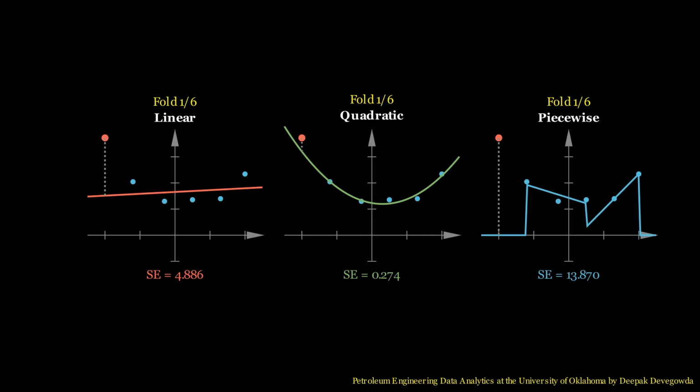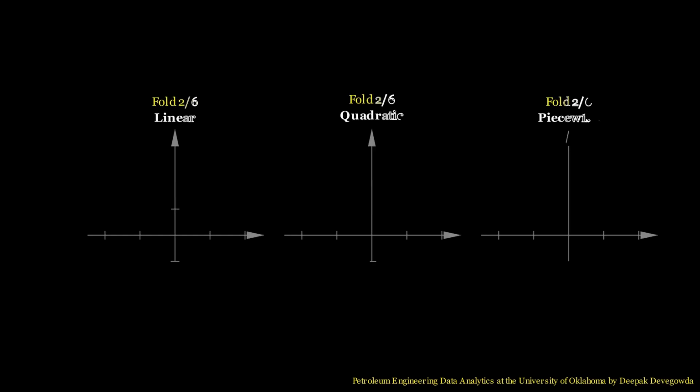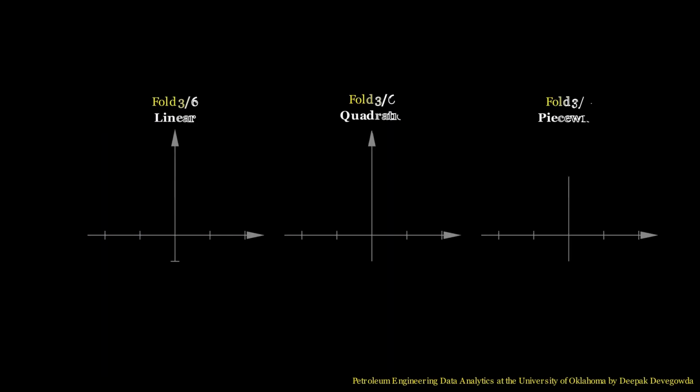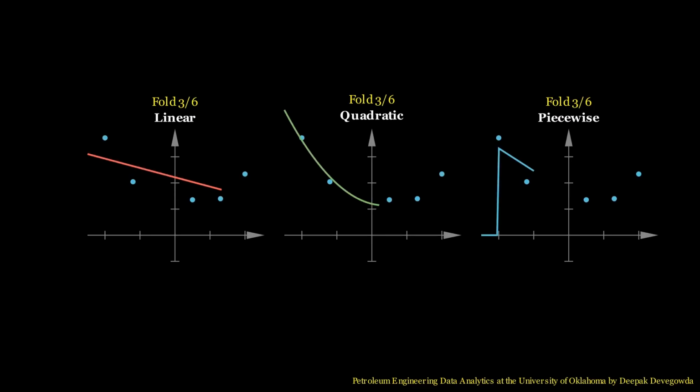We keep this aside and we repeat this exercise for the other data points. So now we're going to be choosing the second data point to be our test point and the other 5 points to be our training data. We fit our models and evaluate them against the test data point. Again, we get a squared error. We repeat this with the third data point being our test data point.